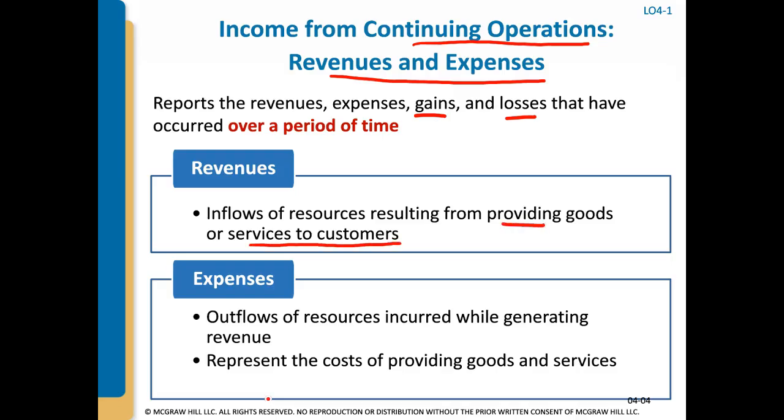This is the revenue that we earn as a result of our day-to-day operation or our core operation. Expenses are the outflow of resources that we incur in order to generate said revenue, or they represent the cost of providing the goods and services that are our core operation.